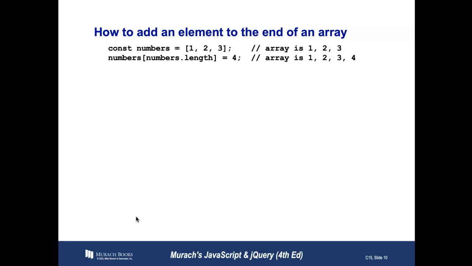So the index 0 is 1, 1 is 2, and 2 is 3. So therefore, the 3rd element, or numbers.length, which is 3, would be equal to 4. 0, 1, 2, 3 is now the 4th element. So all we have to do is use numbers.length as the index, and we can assign it another value which would add to that array.